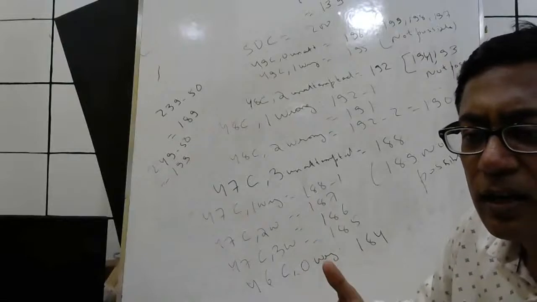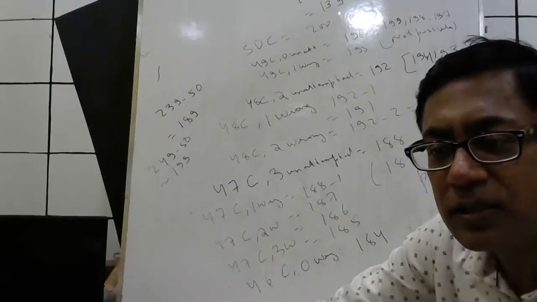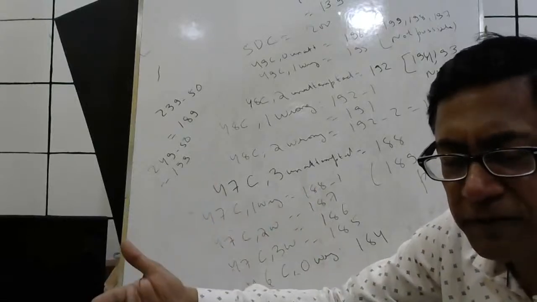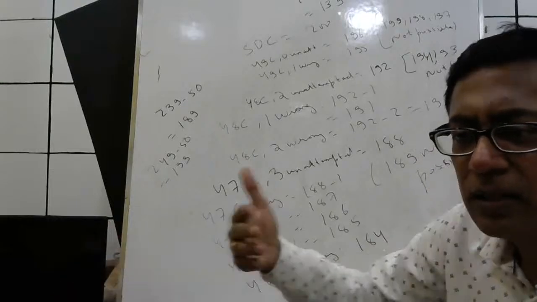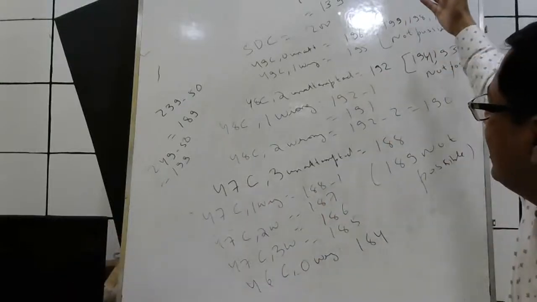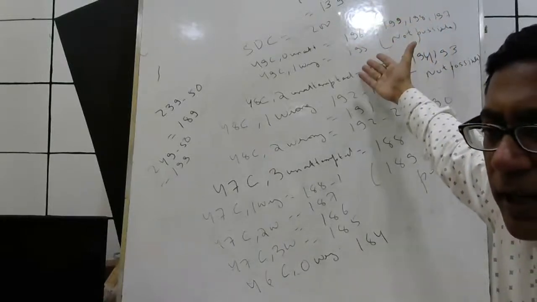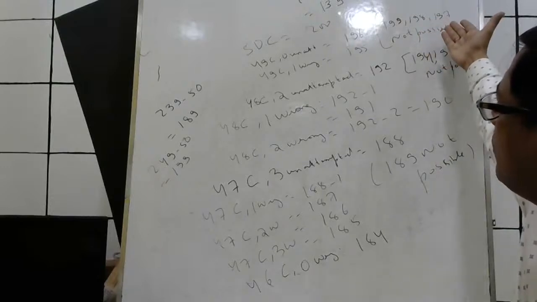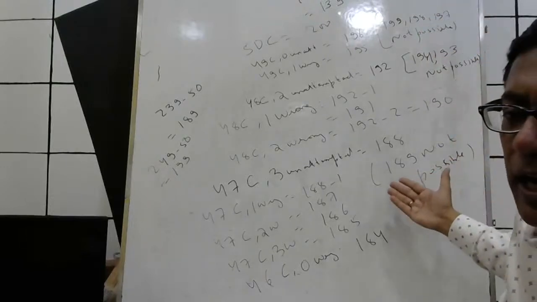I hope you understand, from 0 to 250 is 251 numbers, right? It is not 250 because 0 is added. 1 to 250 is 250. 0 to 250 is 251, right? Then out of these 251 numbers, these are the six numbers which we calculated right at the beginning: 199, 198, 197, 194, 193, and 189.